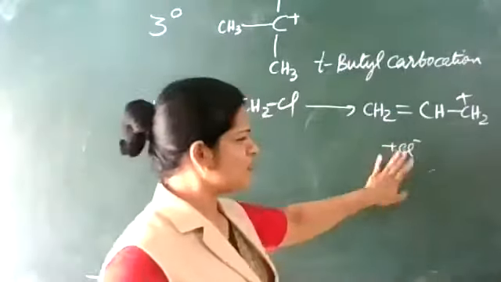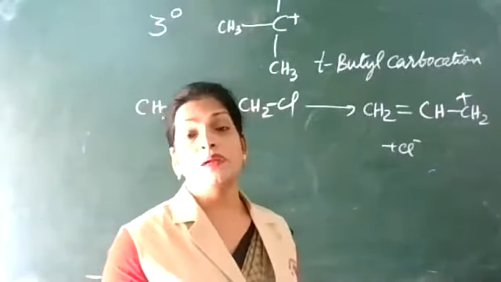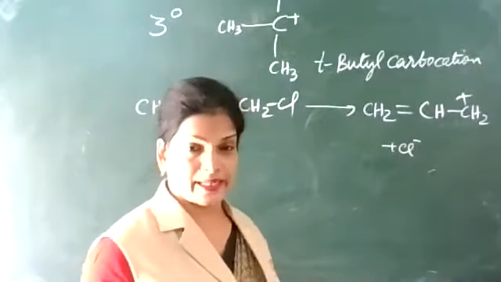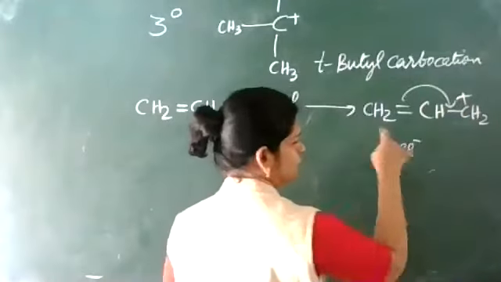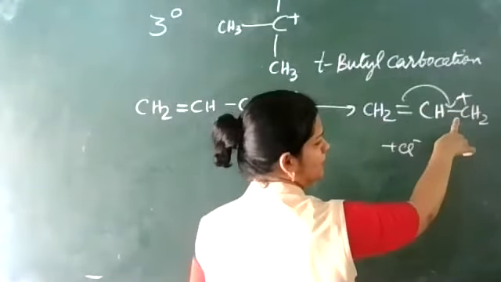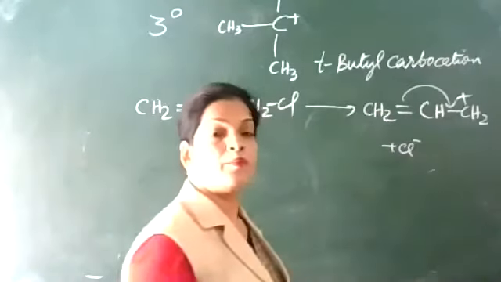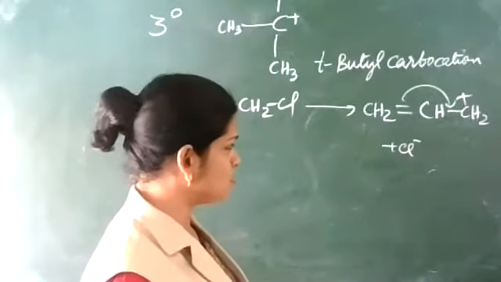Now, we are not interested in Cl minus. We are looking at the stability of the carbocation. That carbocation is stable by this shift: the double bond will come here, and this carbon, losing it, will have a positive charge.